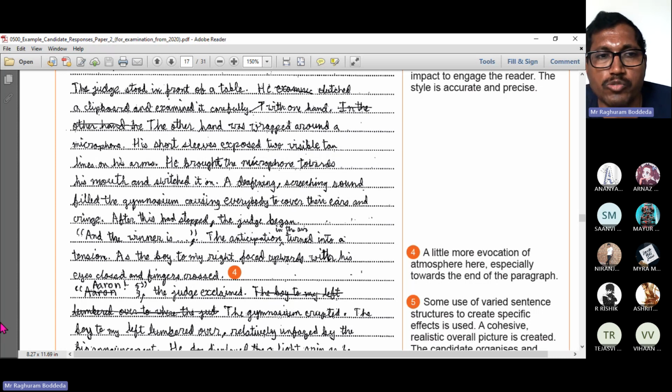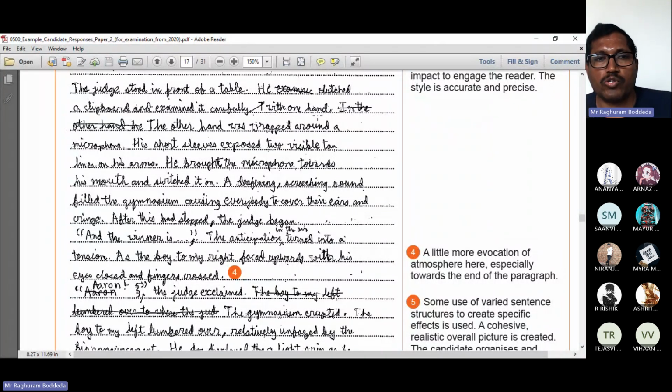Here also you can see the judge stood in front of the table. He clutched a clipboard and examined it carefully with one hand. He's talking about working conditions, working positions, like with one hand, and he's bringing the microphone nearer to the mouth, and he turned it on.